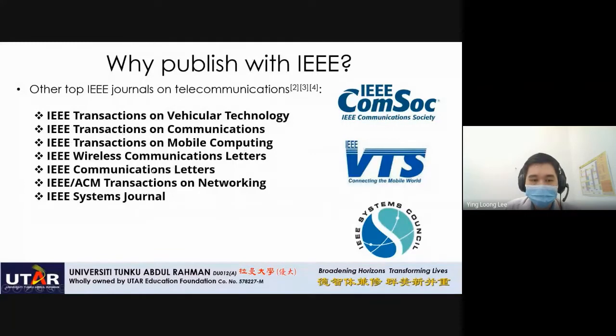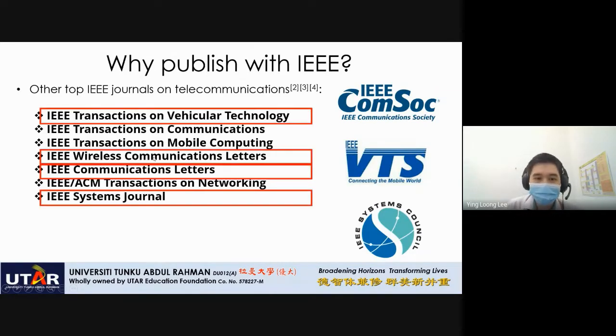The quartile 1, which means the top 25% of the telecommunications journals. My experience is that I have also published in 3 of these journals: Transactions on Vehicular Technology, Wireless Communications Letters, and also IEEE Systems Journal, right? So my experience will be based on publications in these journals.